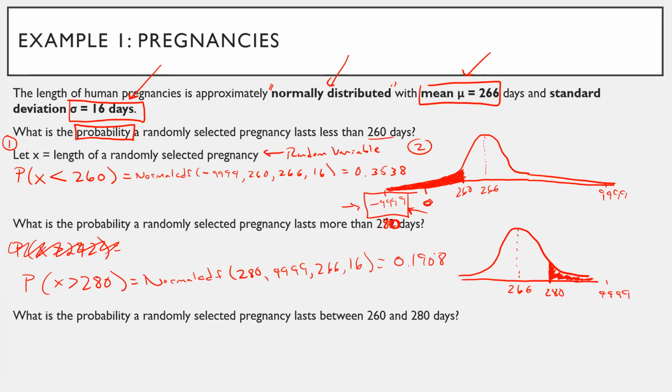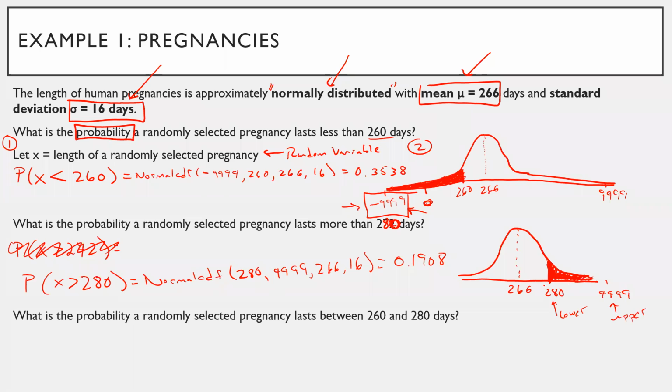Professor, I got confused why you started from 280 and on the previous one you started from negative 999. Yep, so here's the thing. The lower value is your starting point. I want to start finding the red shaded area at 280, and the red tail area goes all the way to the right, so you put a positive 99999.